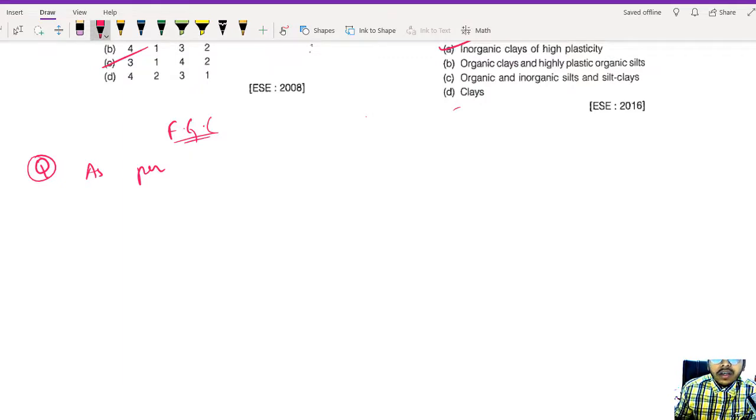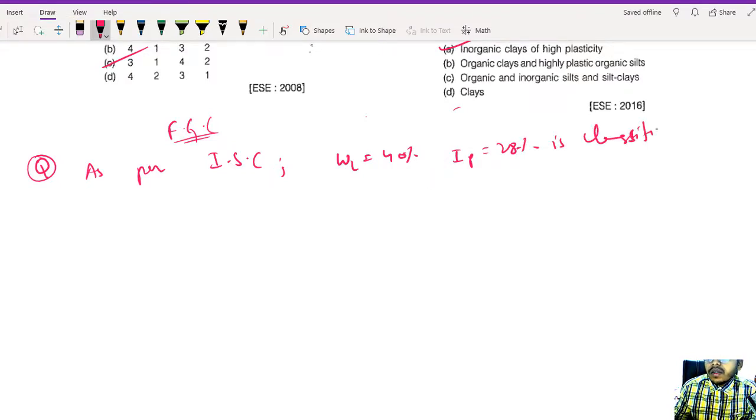A soil sample of silty clay with liquid limit 40% and plasticity index 28% is classified as. That is the whole question. There are 4 options: A CP, B CI, C CL, and D CLML.